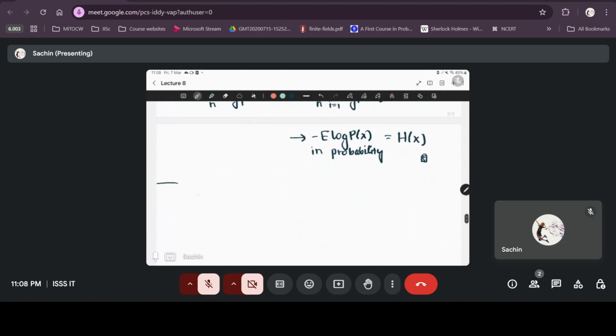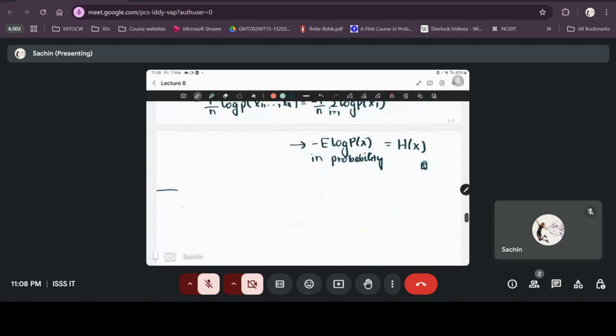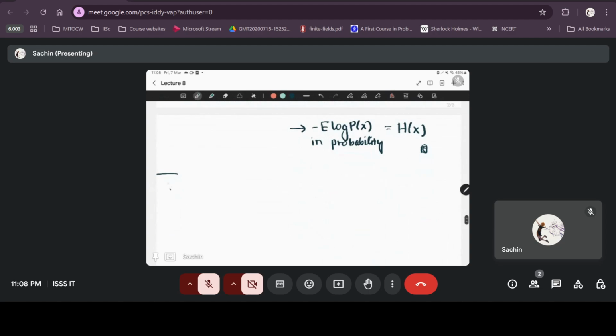Suppose you are conducting an experiment and the experiment has some sample space omega and you have random variables which take values from this set script x, and there are a1, a2, up to a, the cardinality of script x.